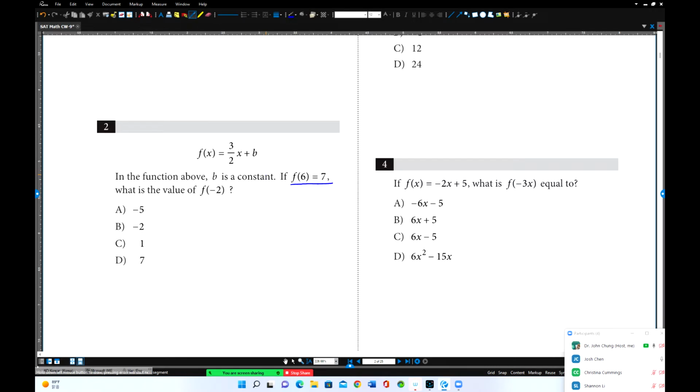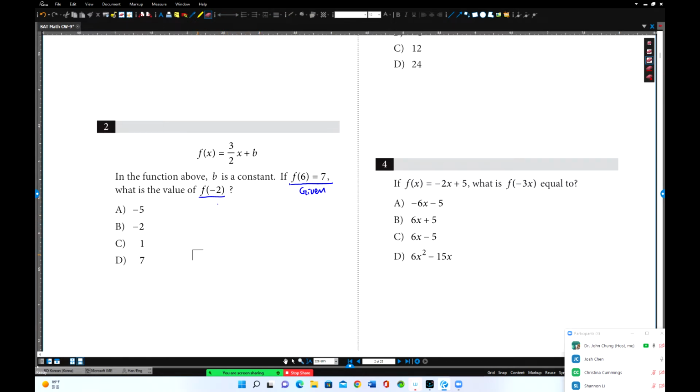This is given, and this is being asked: you're going to find this one. Always in math questions, there is the given, and we're going to find the solution. So always focus on the given, not anything else.